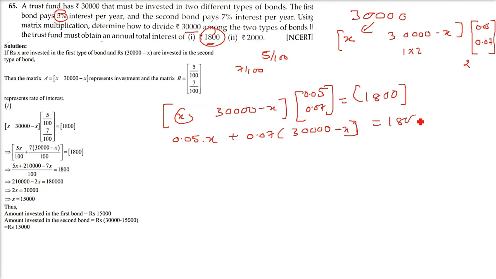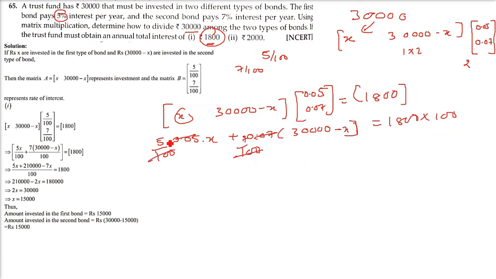But multiplying with the decimal will be difficult here, so it's not advisable. Just write it as 5 by 100 and 7 by 100, and take this 100 to the right-hand side, or multiply everything by 100. So I'm removing it, keeping 100 here.